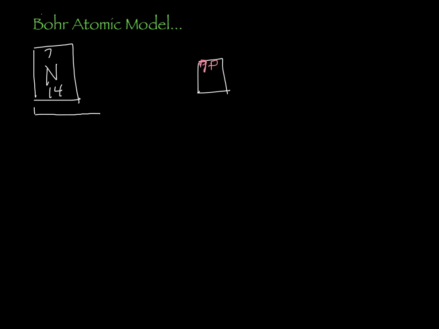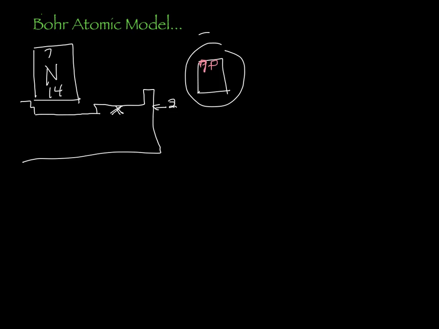If we look at the periodic table and we look at where nitrogen is, nitrogen is right about here. It's in the second period, the second row. Since it's in the second row, it's going to have 2 rings. We figure out it has 2 rings based on what row it's in.